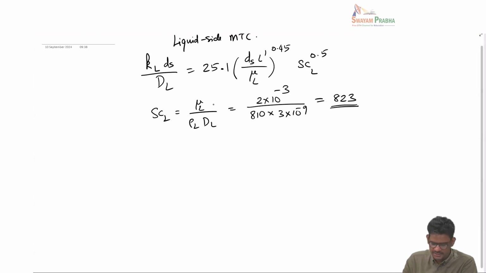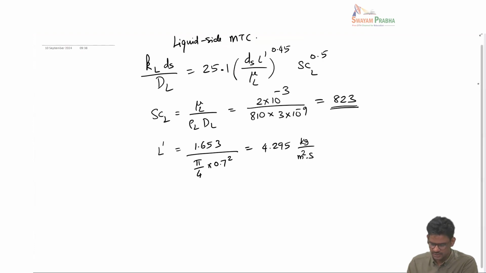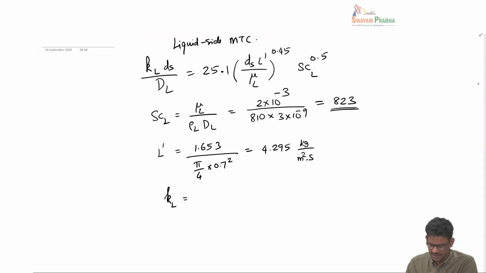And we need this L prime, which is the mass flux. This has to be divided by the area. And then you can substitute all these numbers and you'll get KL as 2.94 into 10 power minus 4 meter per second.